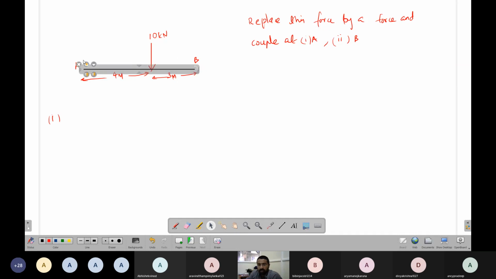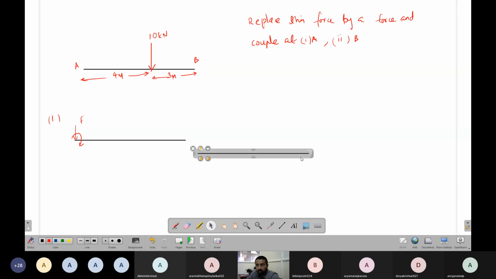The question is asking you to find some force; I don't know the value of the force, and there will be some moment. The second part is asking us to do the same thing for B, with the sense clockwise or anti-clockwise. This is A, this is B.